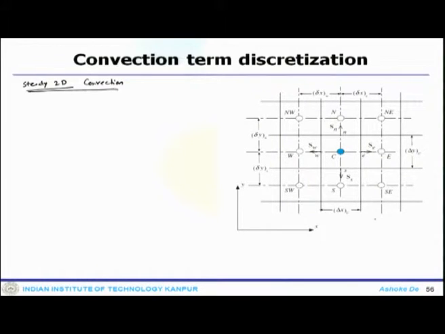Here we will start with 2D steady convection only, which is represented as del dot rho v phi equals 0. That is the equation which governs the two dimensional steady convection system without any external source term.